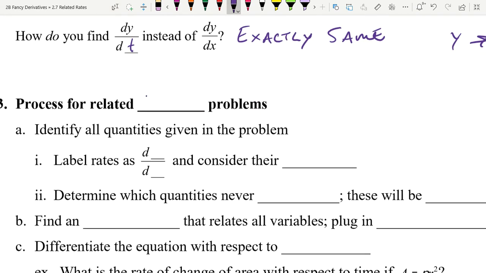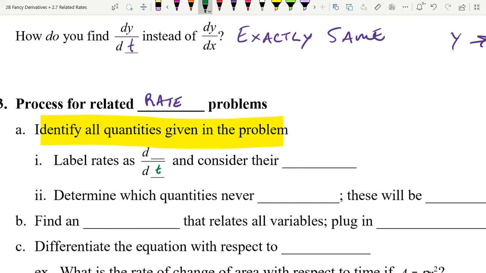So let's talk about the process for finding related rates. Okay, related rate problems. The first thing we're going to do is we're going to identify all the quantities given in the problem. So we're going to read through the story problem and make sure we understand what is what. Identifying and labeling stuff is going to be really important, especially labeling rates as d what over dt.